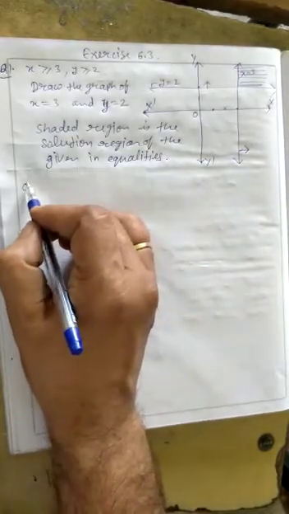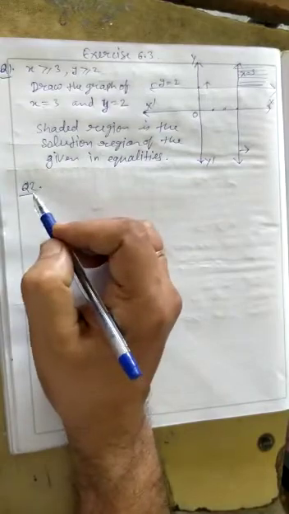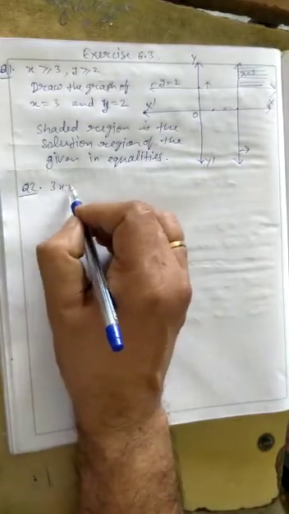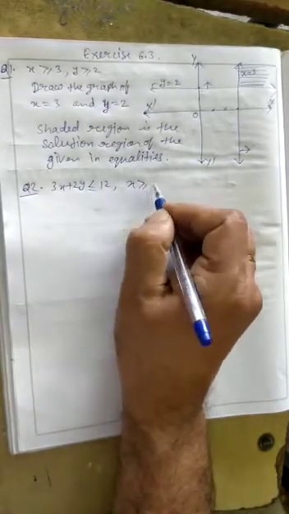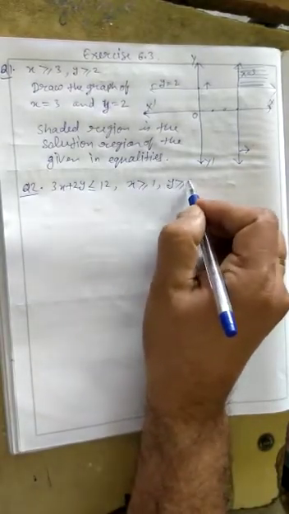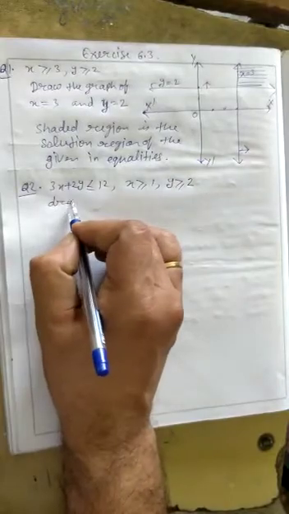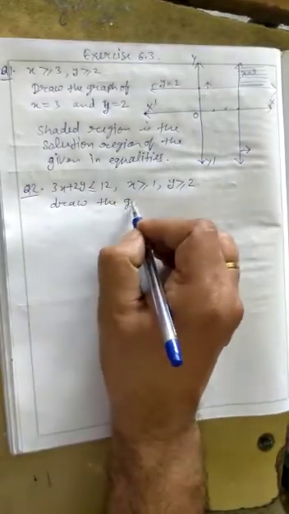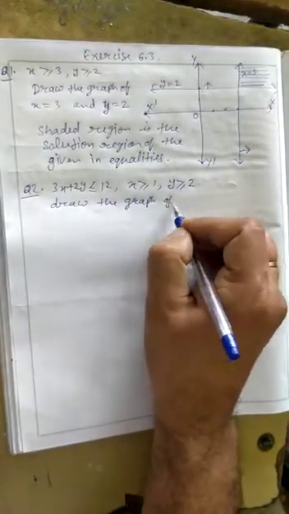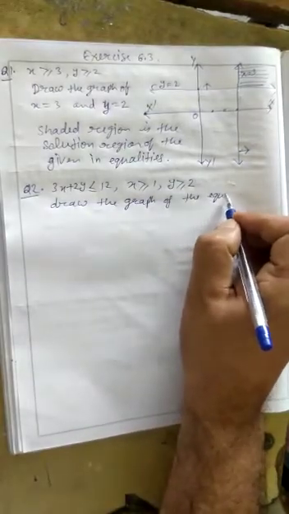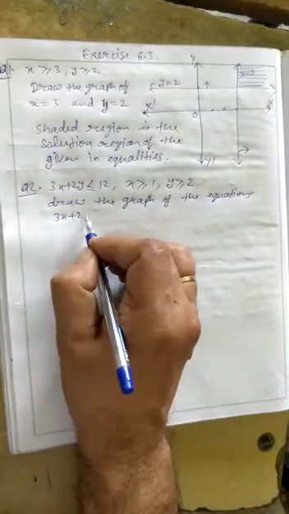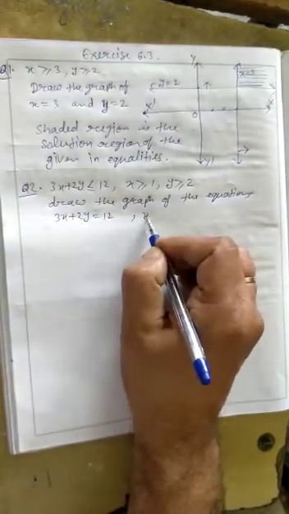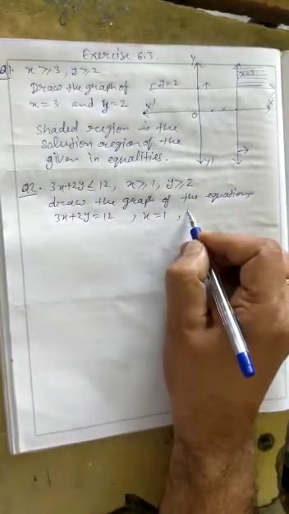Question number 2 of this exercise. 3x plus 2y less than or equal to 12, x greater than or equal to 1, y greater than or equal to 2. To draw the graph of the equations. Which equations? 3x plus 2y equal to 12, x equal to 1 and y equal to 2.